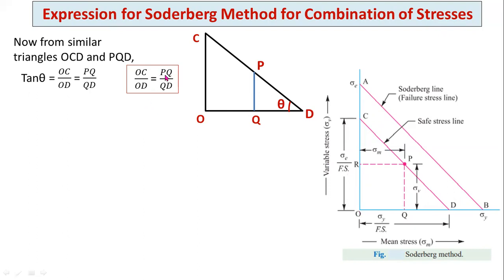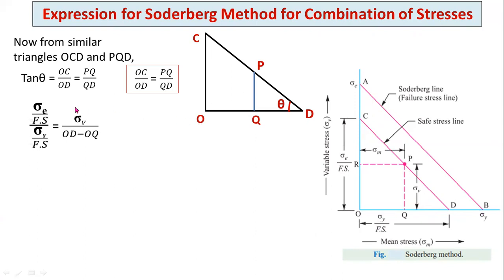And the value of PQ equals sigma V. The value of QD is not given directly, but it is obtained from the relation OD minus OQ.